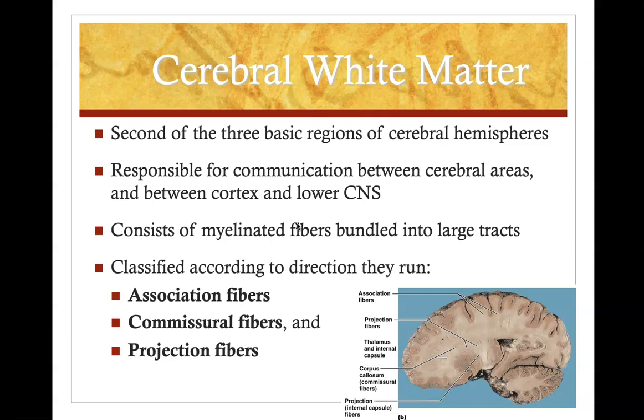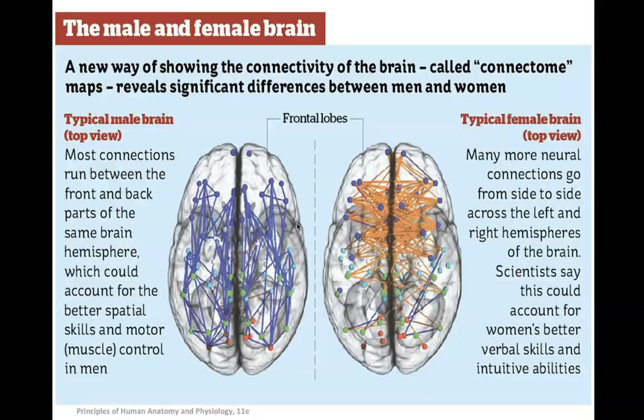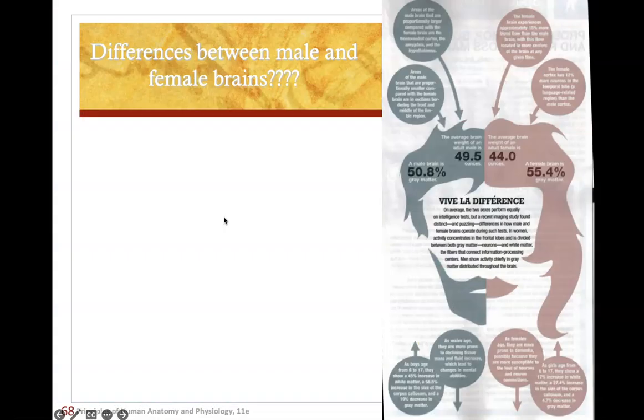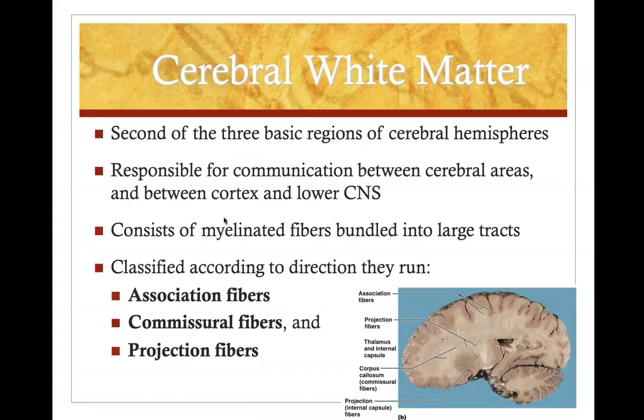So now we're going to get into the cerebral white matter. Remember the cerebrum could be broken up into the cerebral cortex, the white matter, and the basal nuclei. So that's what we're going to go through now. The white matter, as you can guess, is white because it's got lots of those myelinated axons. This is the second of the three basic regions of the cerebral hemisphere.